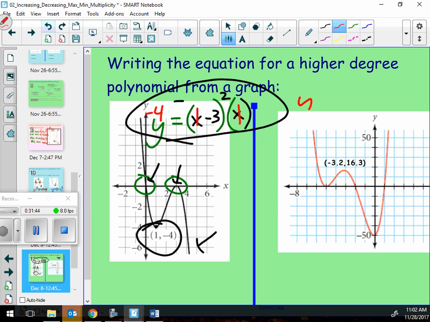If you write out this one, there should be 3 parentheses. Write out what you think the equation is for that one. It hits at 1, x minus 1.